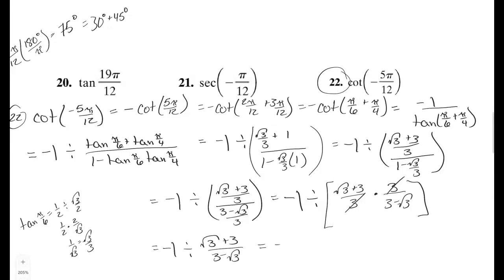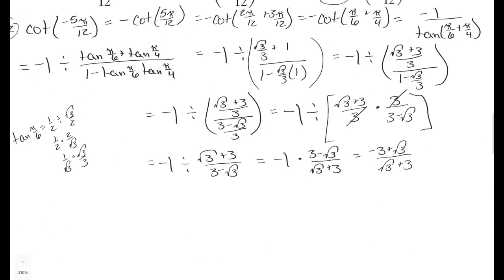And then when I divide fractions, I do keep, change, flip. And I'm just going to multiply that -1 through on the top. So I'll get -3 plus square root of 3 over square root of 3 plus 3.